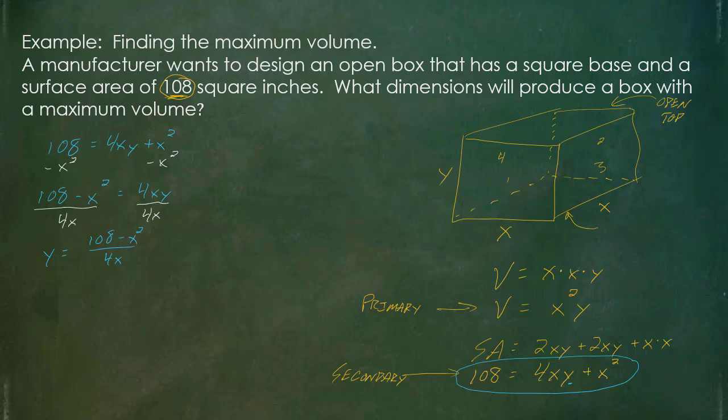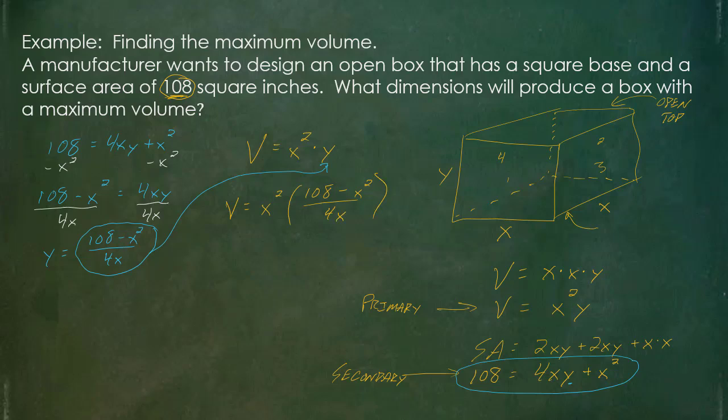So now I'll go to my primary equation, the volume equaling x squared times y. Essentially what I'm going to do is take this expression that I found y was equal to, and just plug it in place of the y. So now my new expression is going to be my volume is equal to x squared times the 108 minus x squared over 4x.